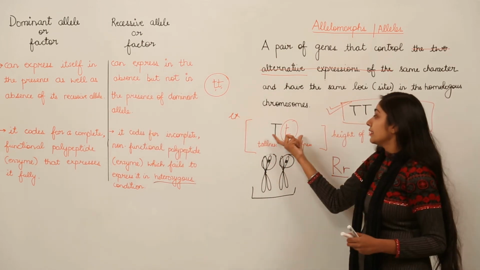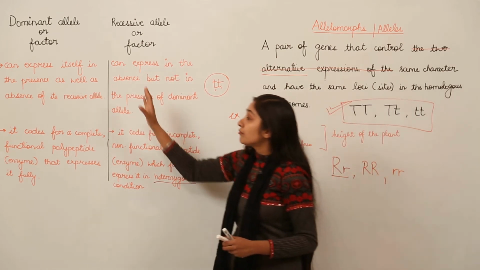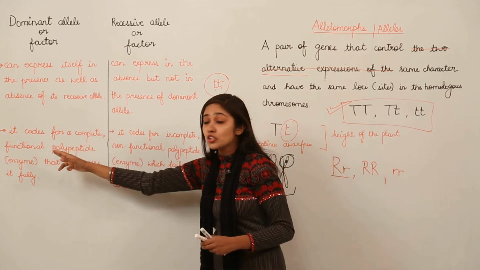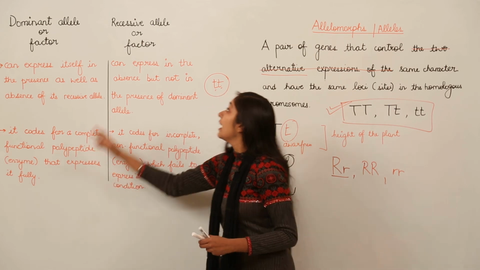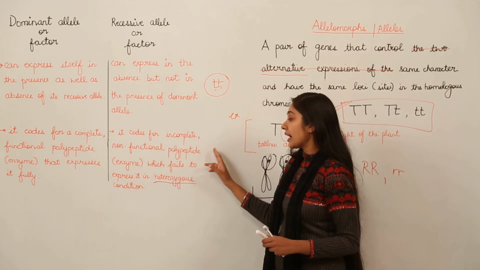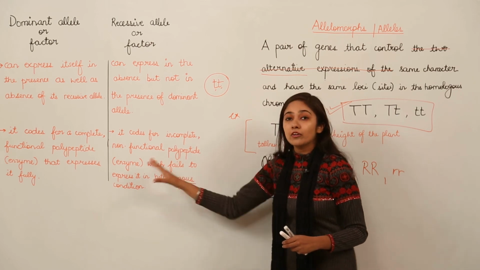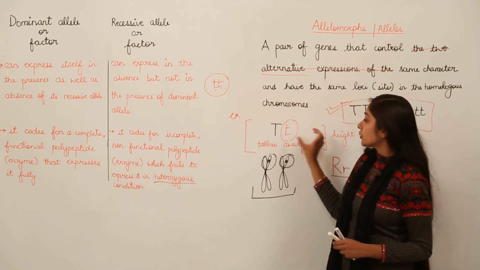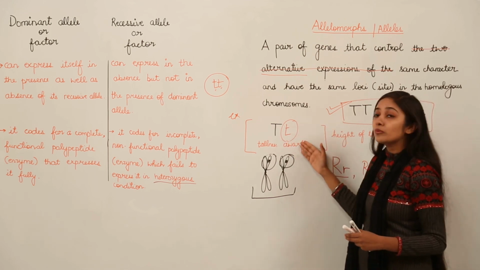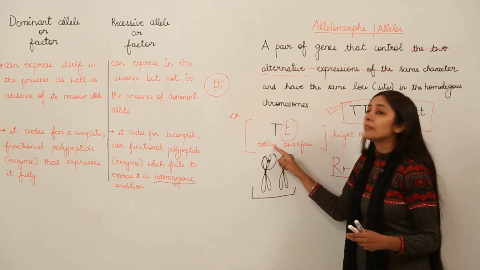And why does the dominant allele express? Because it encodes a complete functional polypeptide that expresses it fully, and the recessive allele codes for an incomplete non-functional polypeptide which fails to express in heterozygous condition. So in this condition, the recessive allele will not be able to express itself because of the presence of the dominant allele. Okay.